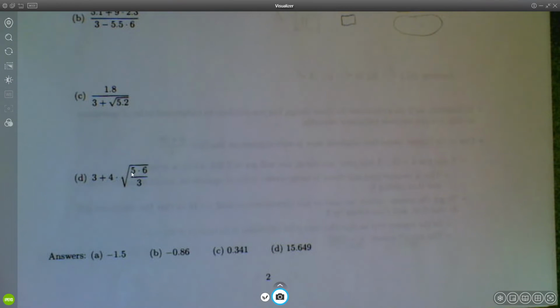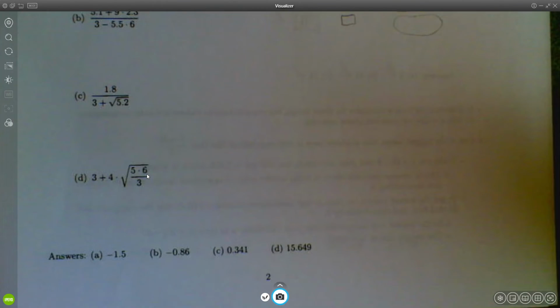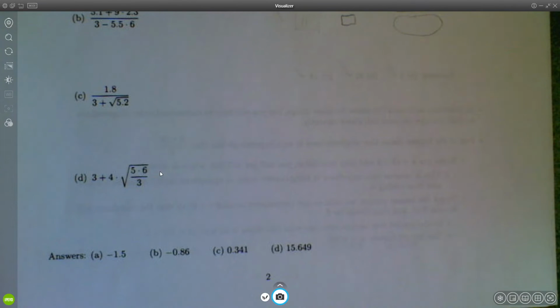So I need it to do 5 times 6 divided by 3. I don't need to put parentheses around the 5 times 6 in the numerator here, because order of operations says that I'm going to do that multiplication first anyway. So I'm going to do 5 times 6 divided by 3. If it makes you feel better, you can put parentheses around the 5 times 6. That's not going to affect anything, or at least it shouldn't if your calculator is programmed correctly.